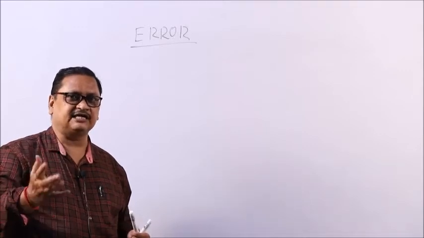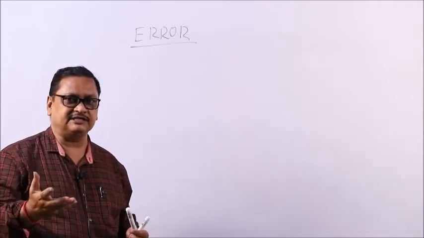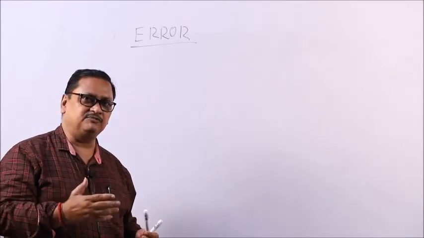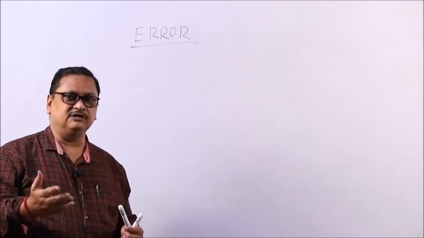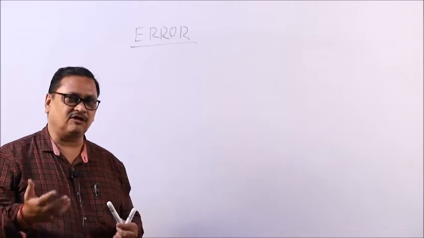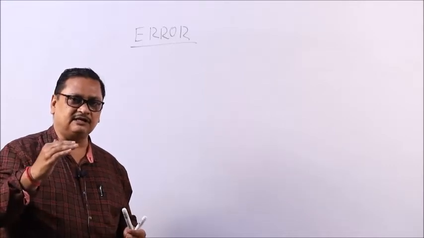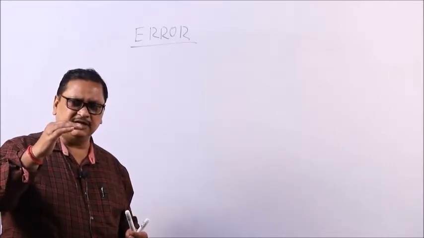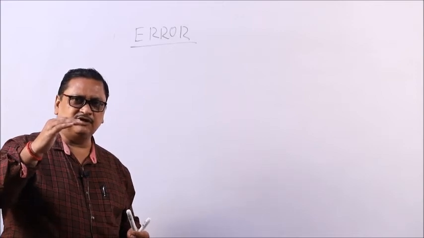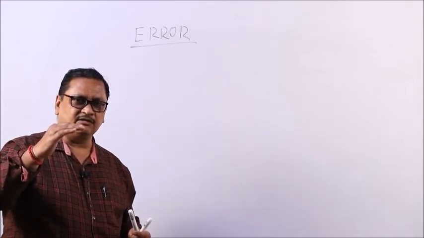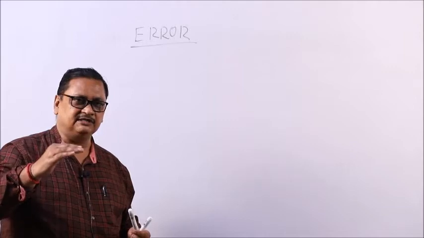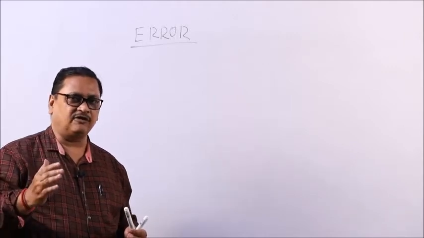So, what is the actual result? If you take 99.4, that is wrong. If you take 99.5, that is also wrong. If you take the middle measurement, that is also not correct.